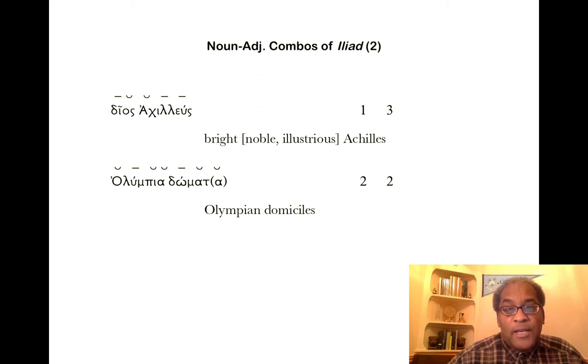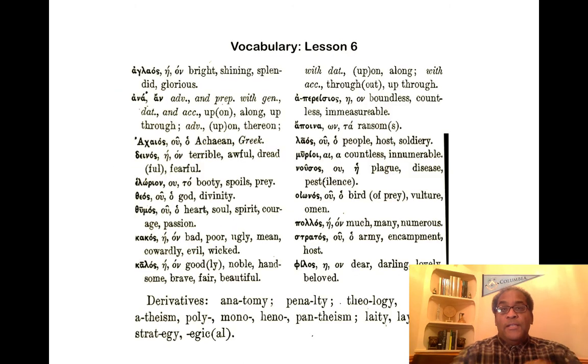Both of these are second declension neuter plurals, and this could be either nominatives or accusatives, because in the neuter, of course, the nominatives and accusatives are always identical, so only context would tell us which this is. But Olympia domata, we have an example of second declension neuter adjectives and noun in the plural.